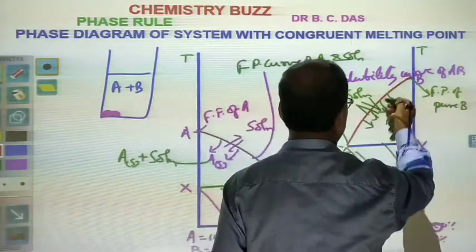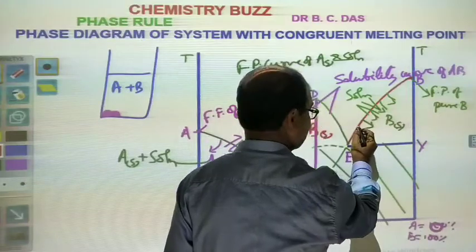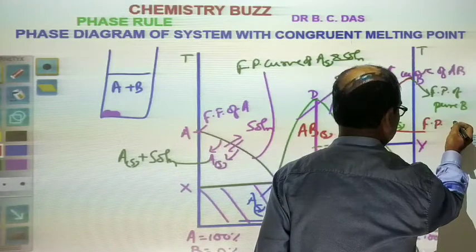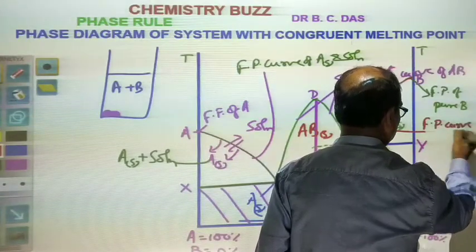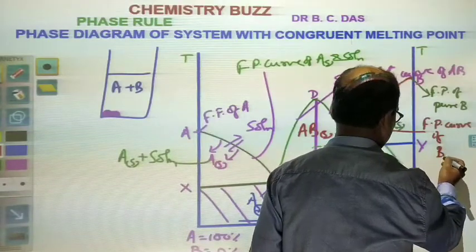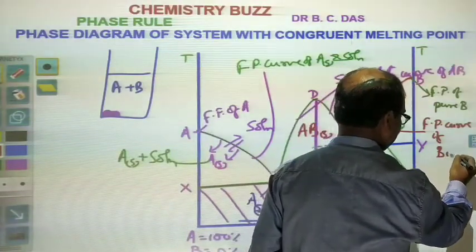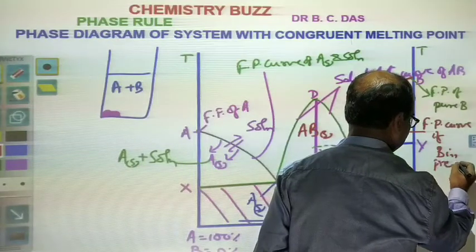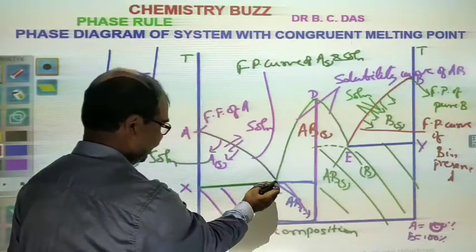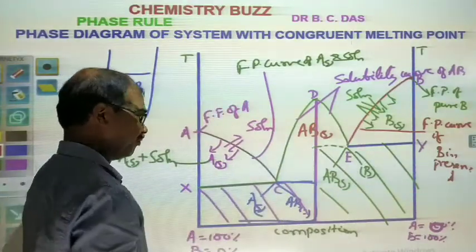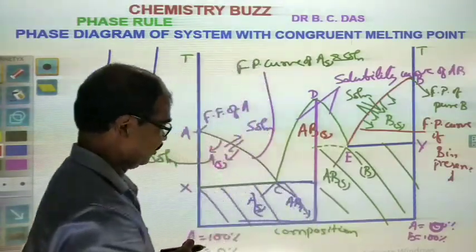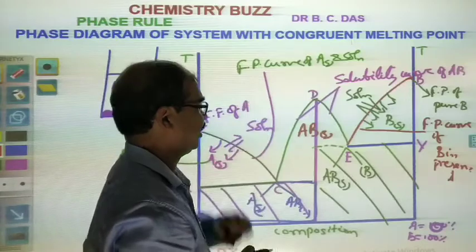This curve is called the freezing point curve of B in the presence of A, and this is the freezing point curve of A in the presence of B. In the solution there is A and B, not AB.